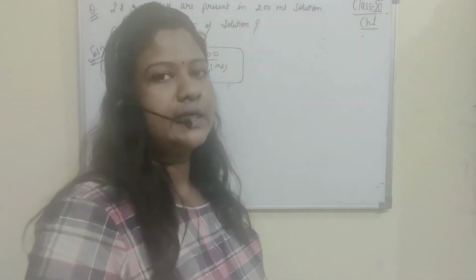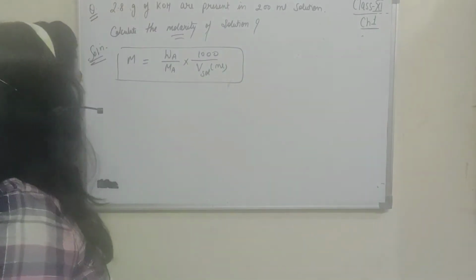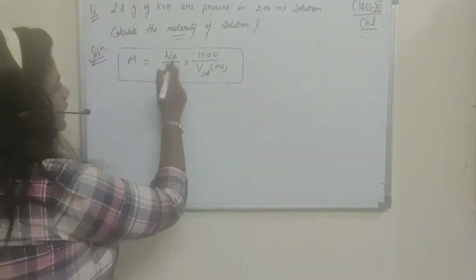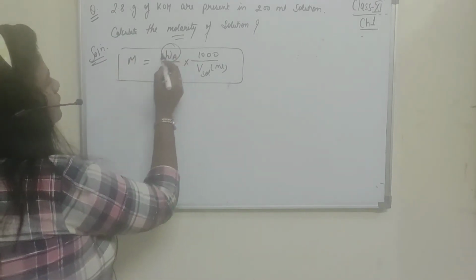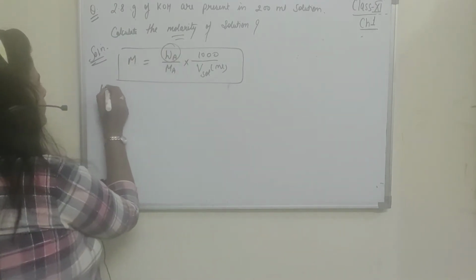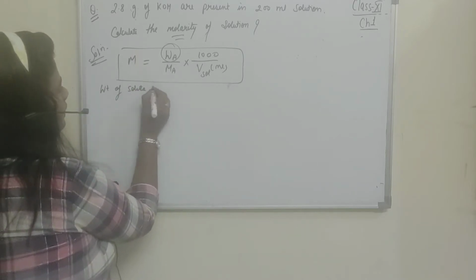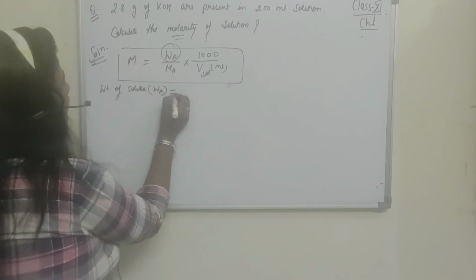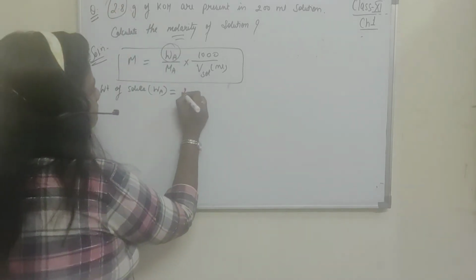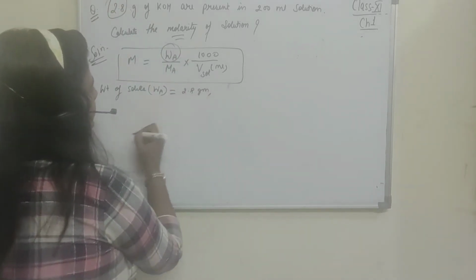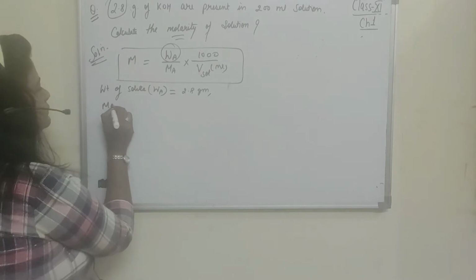Now which values are given in the question? WA, the weight of solute, is given: 2.8 gram.